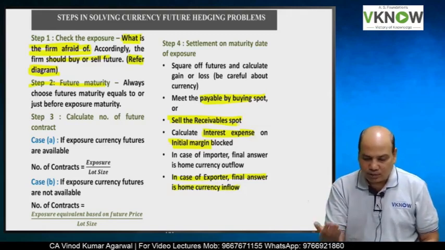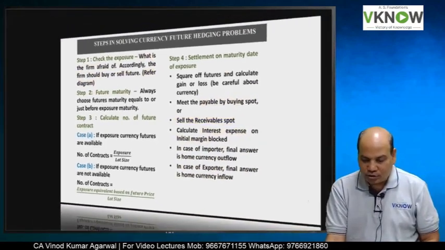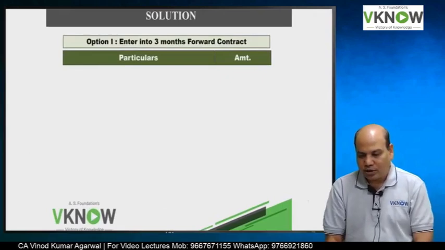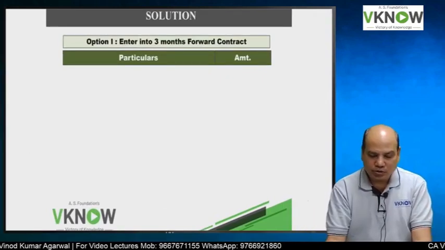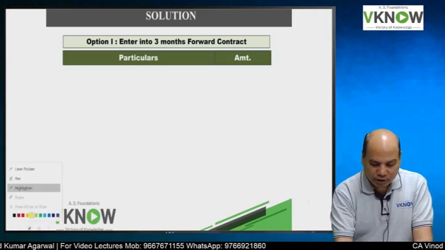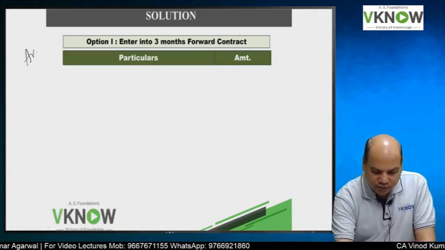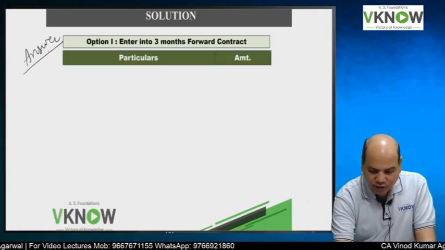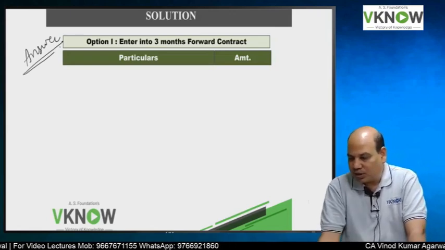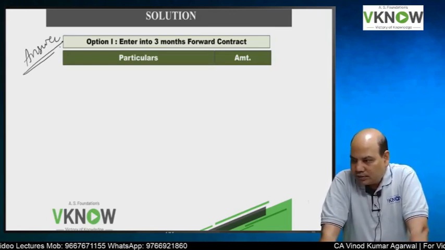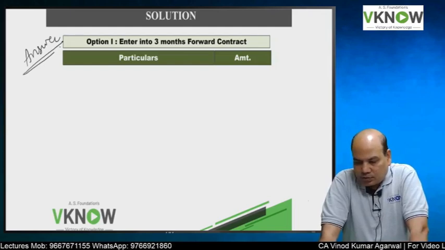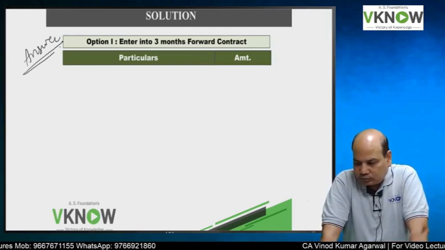Now I am going to apply the theory into practice. Write down the answer. In the exam you start from here. Previous 2 slides were irrelevant. So the answer starts from here, from exam point of view. So dear students, write option 1.